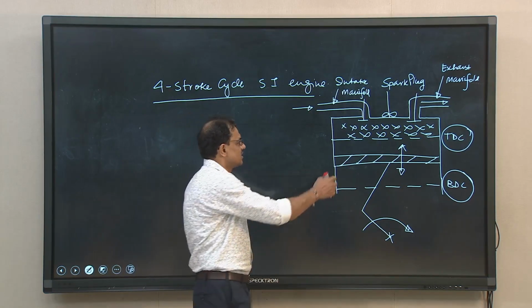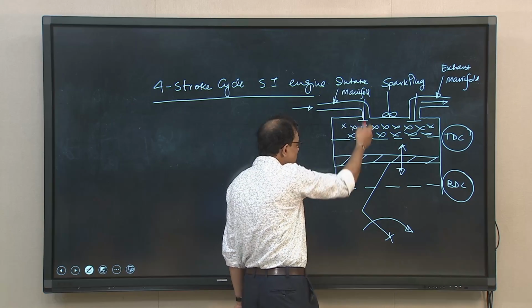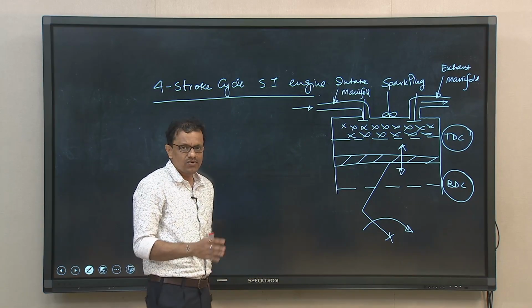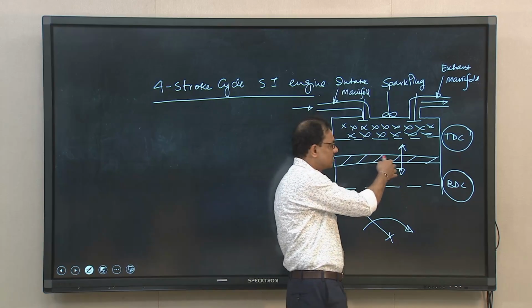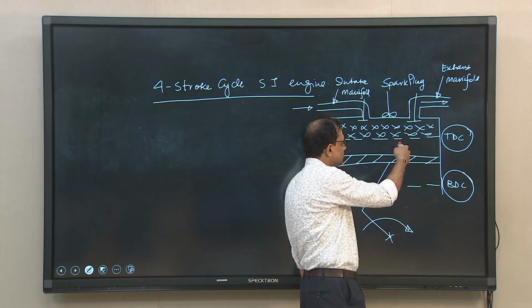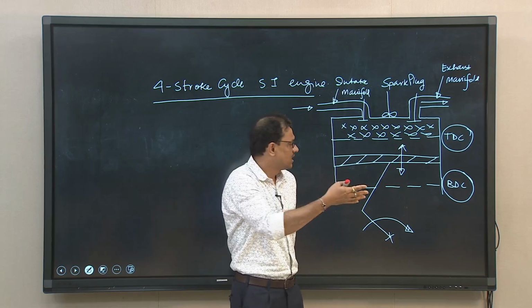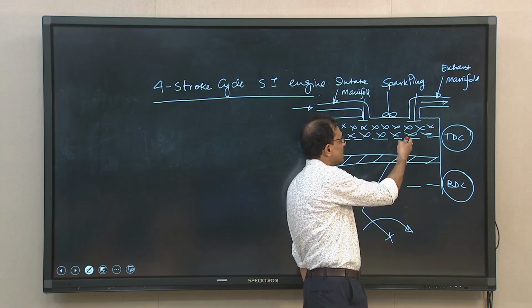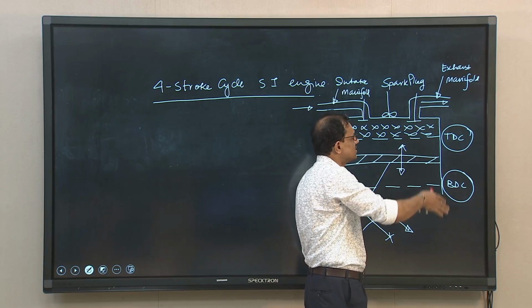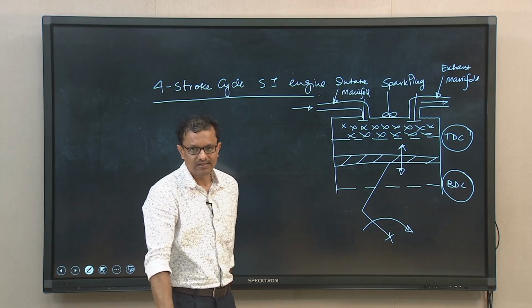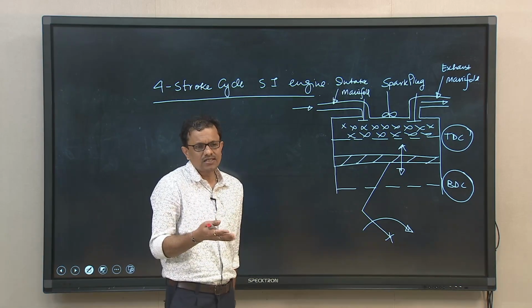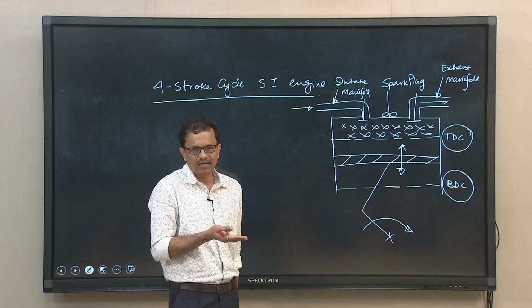You can understand that the working substance that comes into the engine cylinder during the intake stroke will not be recycled. That working substance will take part in combustion, and because of this combustion we will have several combustion gases, and those combustion gases will leave the engine cylinder through the exhaust manifold into the ambience. So, essentially the working substance is not getting recycled back.